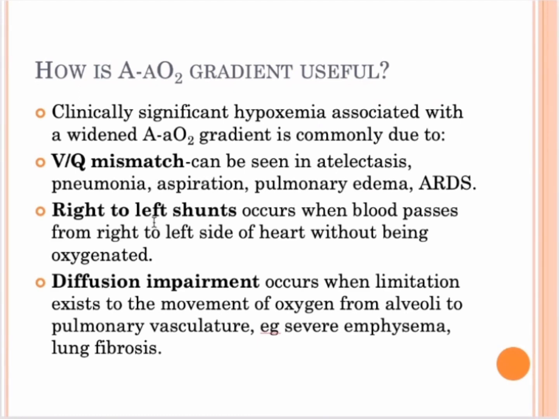Then it can occur because of right to left shunt, and diffusion impairment occurs when there is a limitation to the movement of oxygen from the alveoli to the pulmonary vasculature, like severe emphysema or lung fibrosis. So a widened AA gradient denotes either a VQ mismatch, a shunt, or a diffusion abnormality.